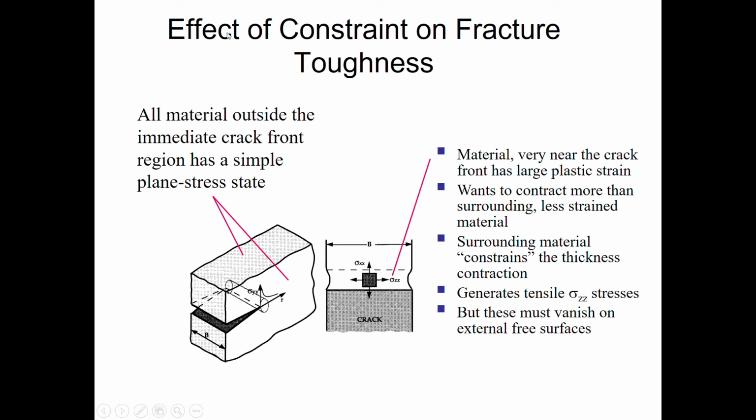Okay, now we move into the effect of constraint on fracture toughness. All material outside the immediate crack front region has a simple plane stress state. This is the crack front, so outside of that has a simple plane stress state.